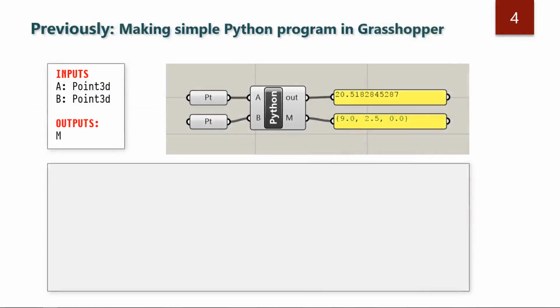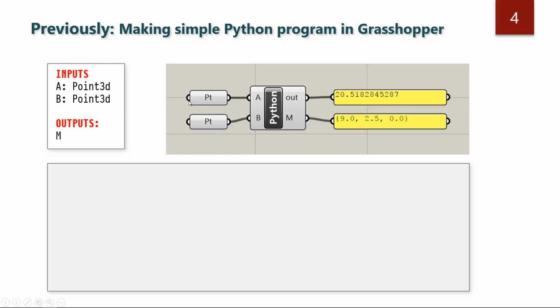And then we also set up a simple Python script workflow in Grasshopper, where we set up a Python script with custom input and output, where the input and output names can be changed, and the input and output will be treated as Python variables when we write the scripts for these components.